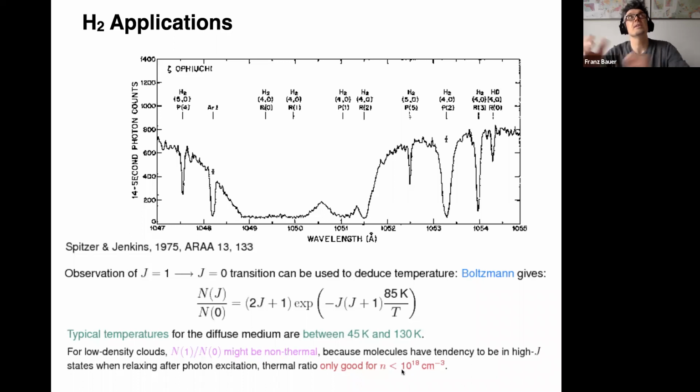To give you an idea, the column density along the Milky Way is about 10 to 21 per square centimeter. So most of the Milky Way would be able to be probed by this sort of thing. But dense clouds like Ophiuchus, no.